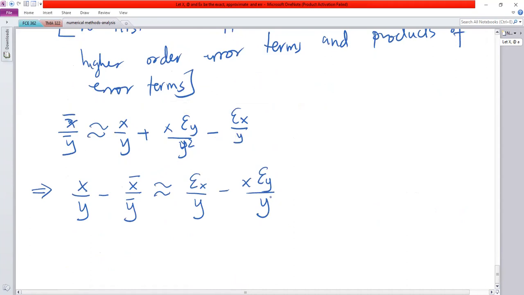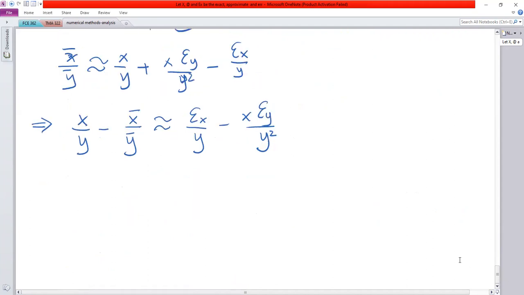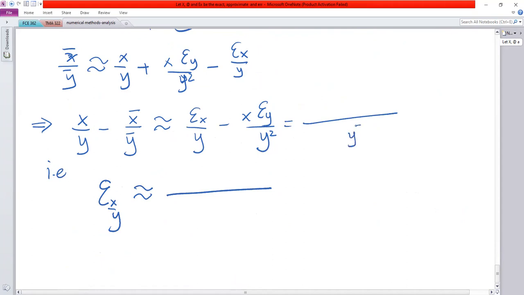So this true quotient minus approximate quotient defines the error in the quotient. So it will be approximately, now this we can put under 1 LCM, y squared: y error in x minus x error in y.